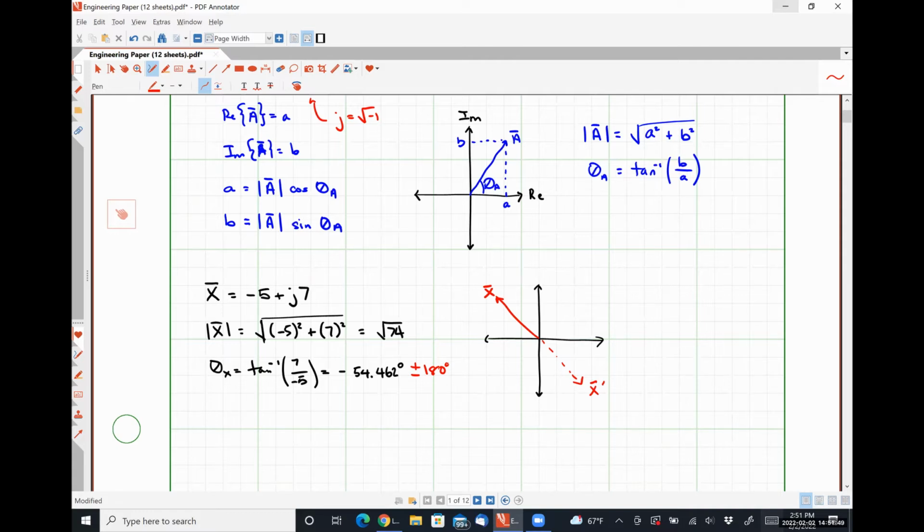And we can scroll down to option 4, which tells the calculator to express the result of that number in polar form. And we get 8.602, which is the square root of 74, angle positive 125.537 degrees, which is exactly what we would get if we took -54.462 and added 180 degrees to it.